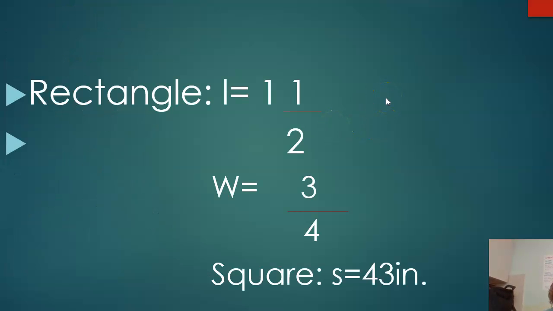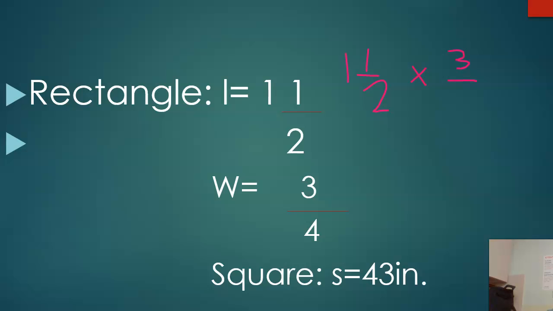Now, if you have your whiteboards, we're going to do these 2 problems together. And you'll notice that we have a rectangle that we're going to find the area of. But you'll notice that we have to set this up like our regular multiplication, but that we have a mixed number.